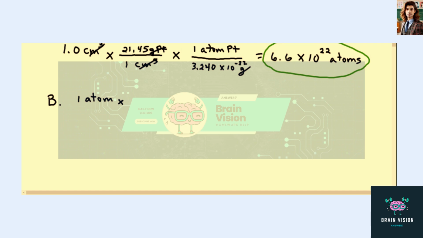Well, I just calculated in part A that 1 cubic centimeter of space in that box is occupied by a total of 6.6 times 10 to the 22nd atoms. So if I divide by that, that will tell me how many atoms per space.